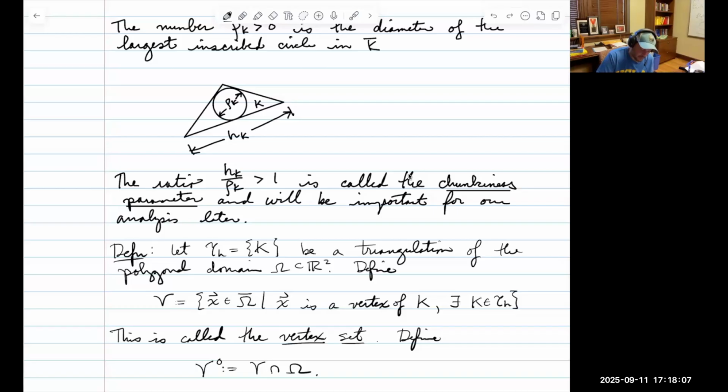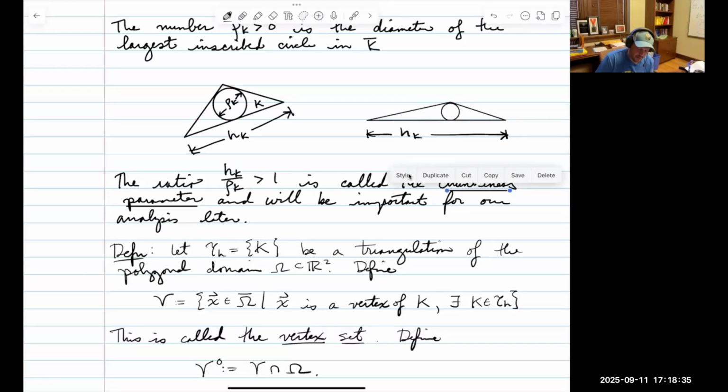How is that possible? Well, let's look at an example. So suppose I have a triangle like this. So this chunkiness parameter is very large. Why? Because the HK for this triangle is pretty big, but the interior inscribed circle, rho k, is pretty small, right?